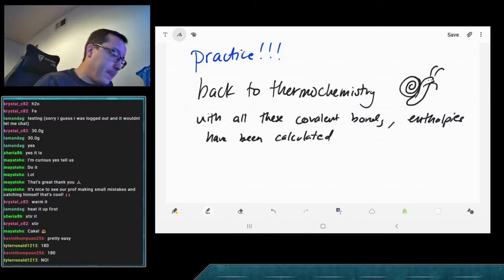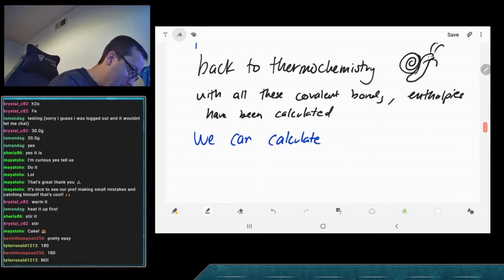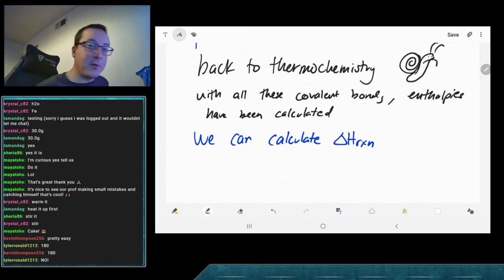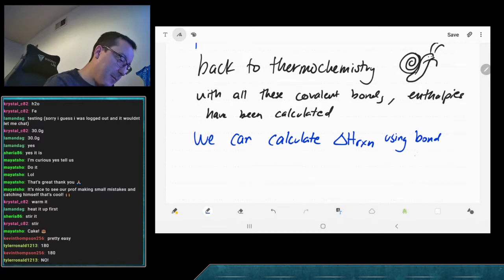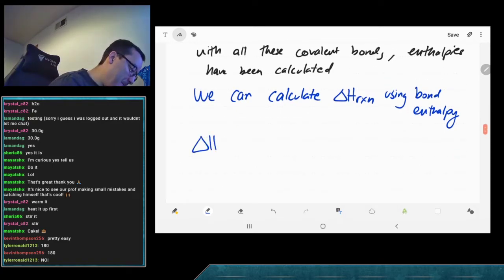So the fun part about this is we can calculate delta H of reaction using bond enthalpy. That's going to be the sum of bonds broken... Or let me just do it this way.